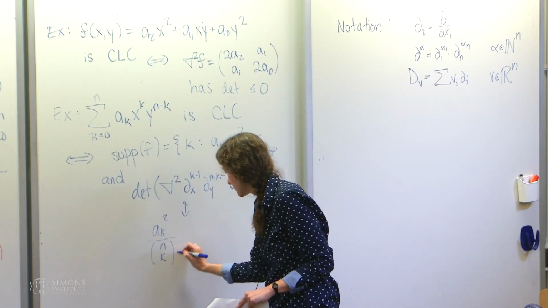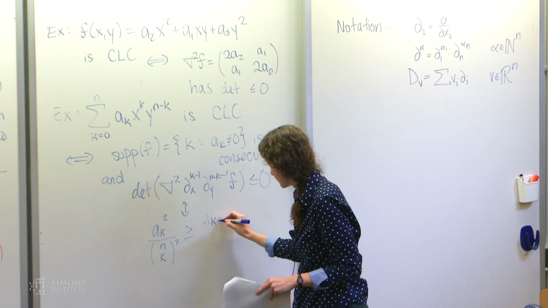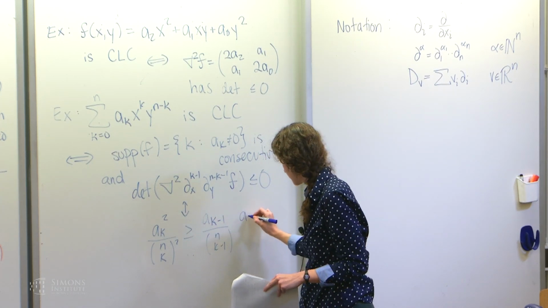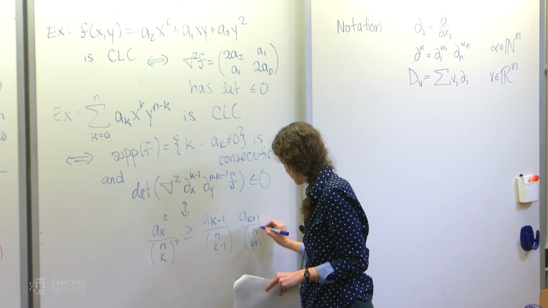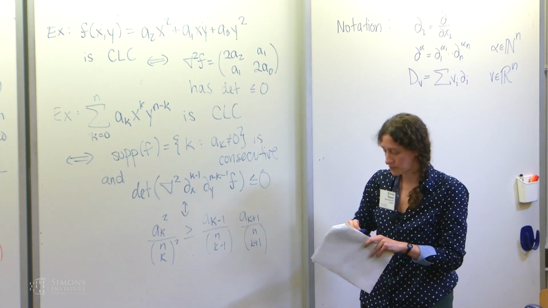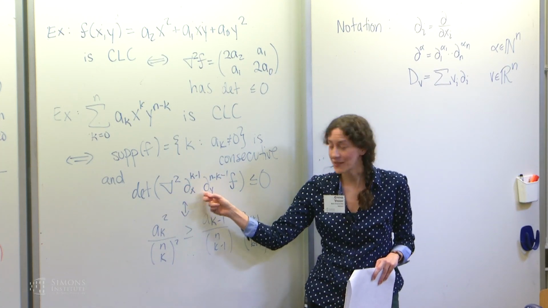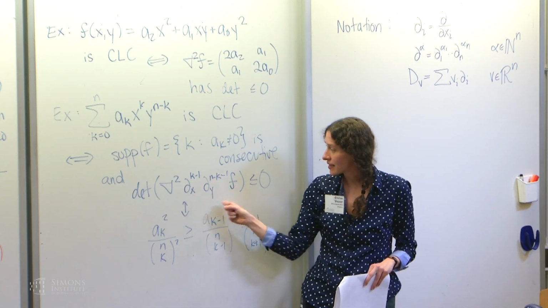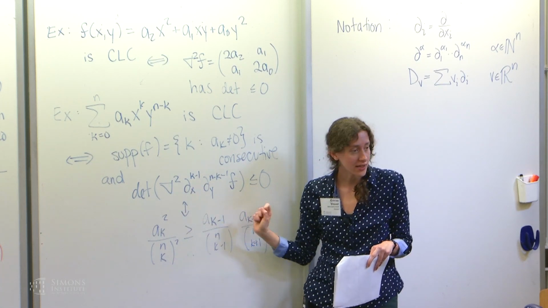So this is a homework exercise. If you take all of these, if you take derivatives to get down to a quadratic, and you take the determinant of this little 2 by 2 matrix, you get a bunch of inequalities that look like this.